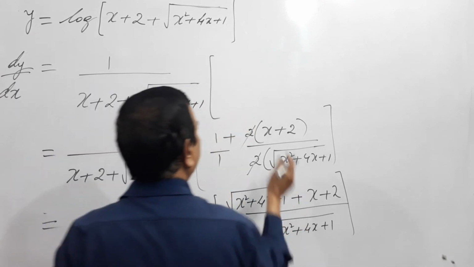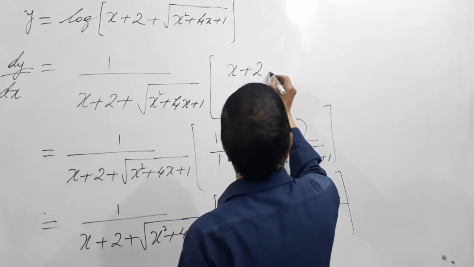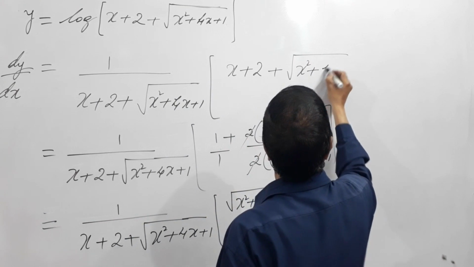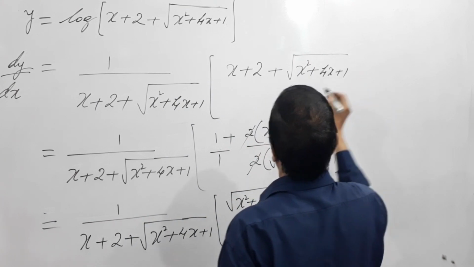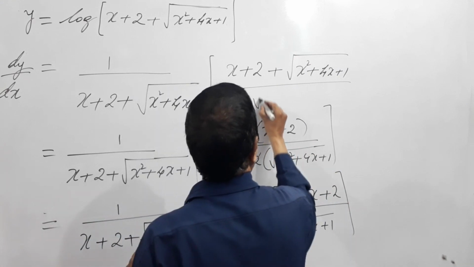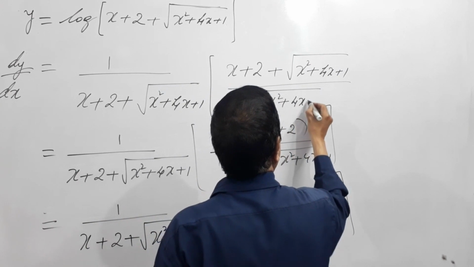So I rearrange this: x plus 2 plus under the root x square plus 4x plus 1 divided by under the root x square plus 4x plus 1.